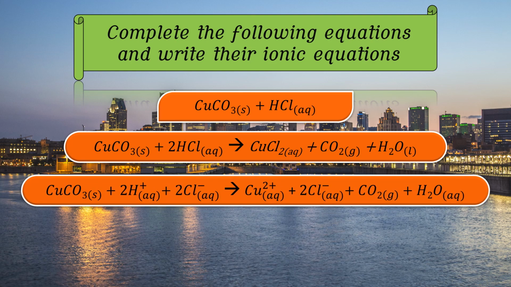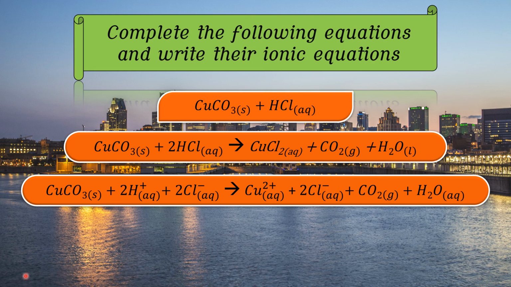So we shall get ions from hydrochloric acid to give us hydrogen ions and chloride ions. And this side we shall get it from calcium chloride to give us calcium ions and chloride ions.